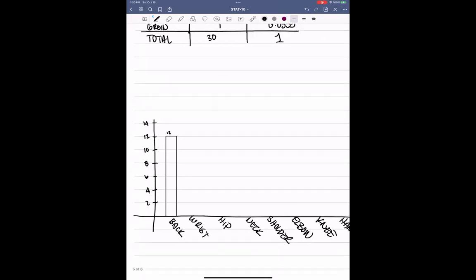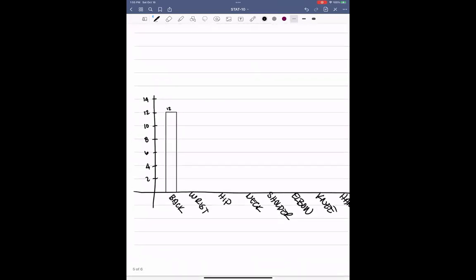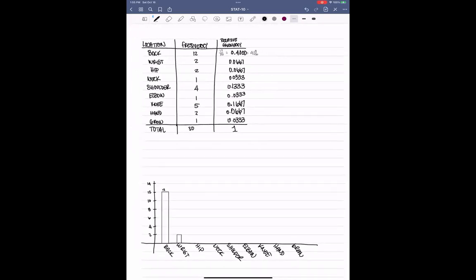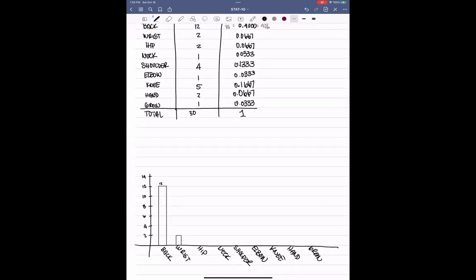So wrist was 2. Hip was 2 as well. Neck was 1, so we're only going to go halfway up on this one.